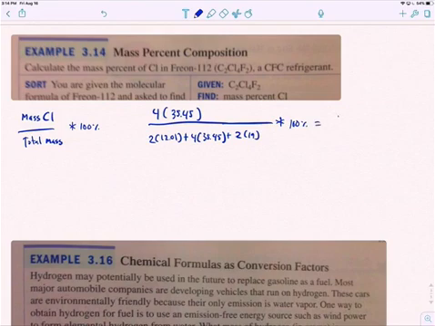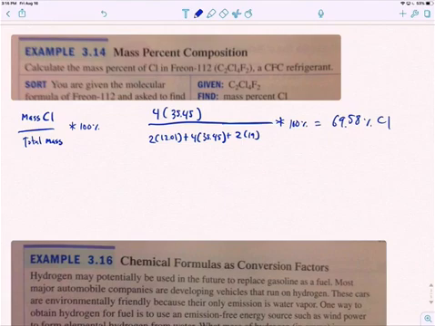If you do that, you get 69.58% chlorine. And that's the percent mass of chlorine.